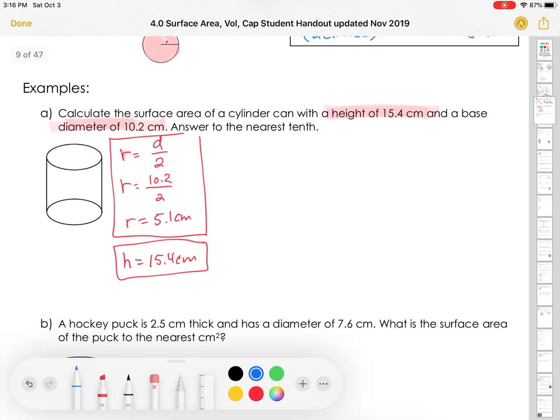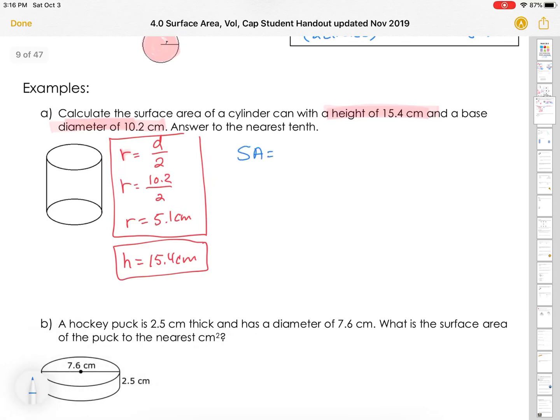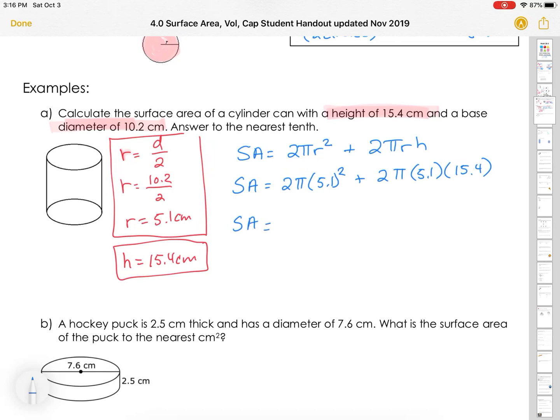So we just take our formula. Surface area of a cylinder is equal to 2 pi r squared plus 2 pi rh. And we're just going to substitute in what we know. So 2 pi times 5.1 squared plus 2 pi times 5.1 times 15.4. We'll figure out each of those pieces.